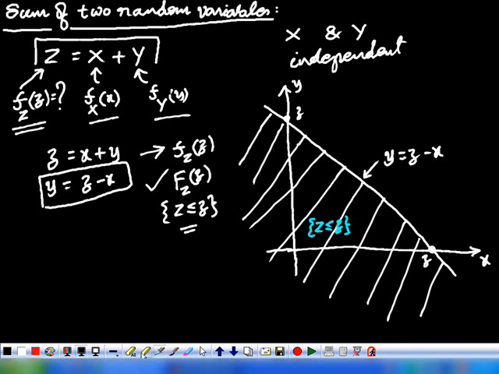So here, can I write the CDF of Z as FZ(z) equals integral from minus infinity to plus infinity, integral from minus infinity to x, which is equal to, what is x in this case? z minus y.